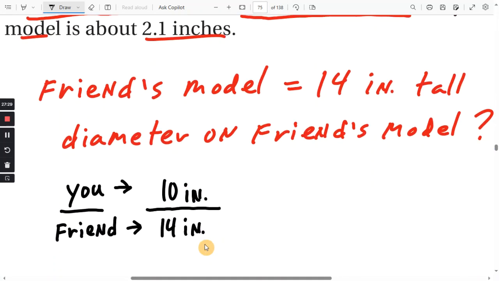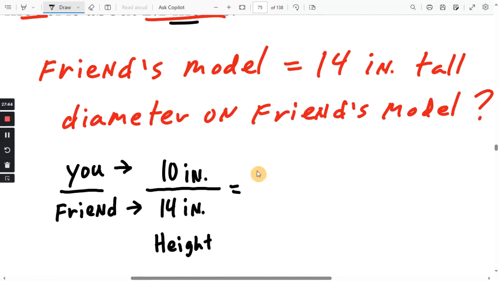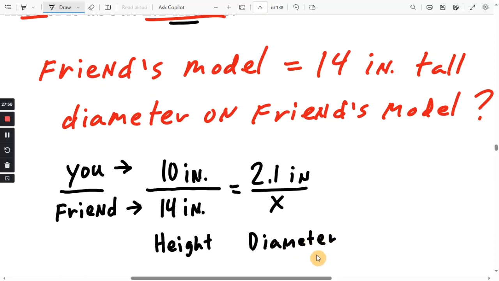All right, so the first fraction is the height. And then the next fraction is going to be the diameter. Okay, the diameter on your model is 2.1 inches. And on the friend's model, we don't know. We'll just call it X. All right, so that fraction is the diameter.